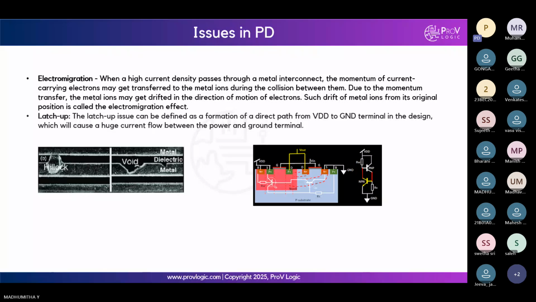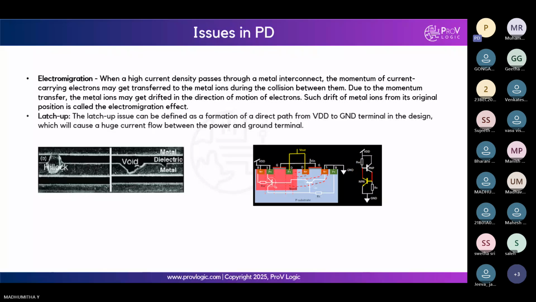What will basically happen because of this is the metal wire will either short with the next wire or it will open. So basically the metal wire will break because of this electron migration. Now we have to fix this electron migration. So this also, the Calibre PV tool we will be using. Okay, that is all about electron migration.